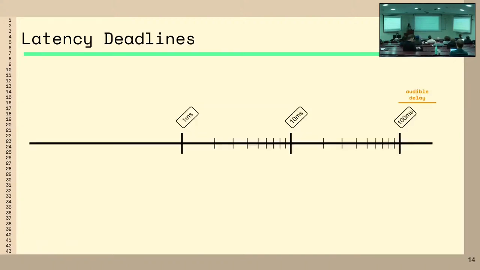What are the latency deadlines that we find in interactive systems and in audio in general? This is a log scale for time, which is perhaps not the best way to represent time, but I thought it would be fitting for this presentation. About 100 milliseconds, you can actually differentiate different events as a delay, right? If your latency is greater than 100 milliseconds, then you can actually listen to events happening.